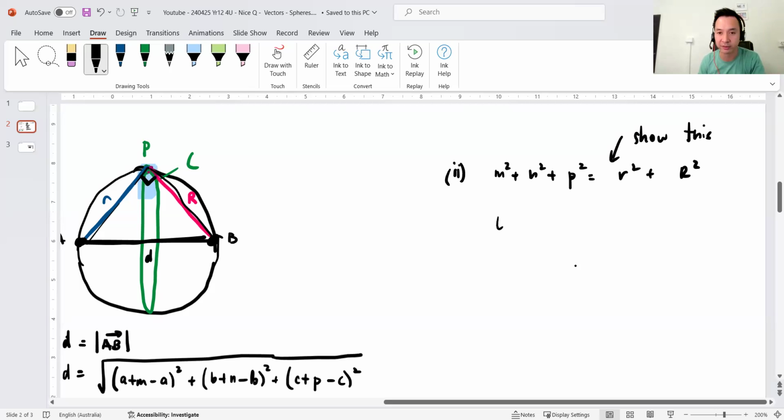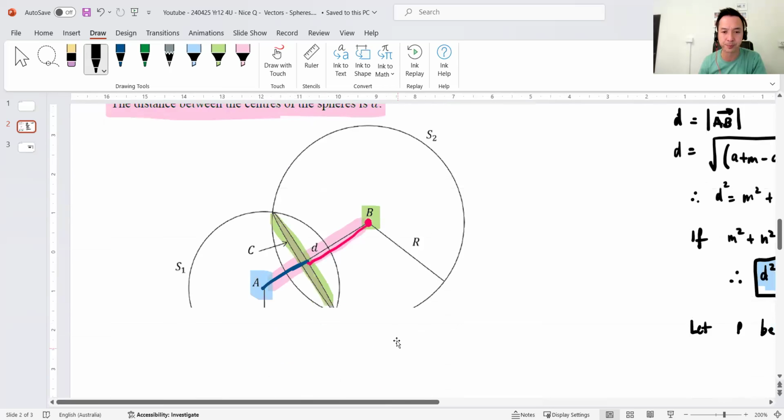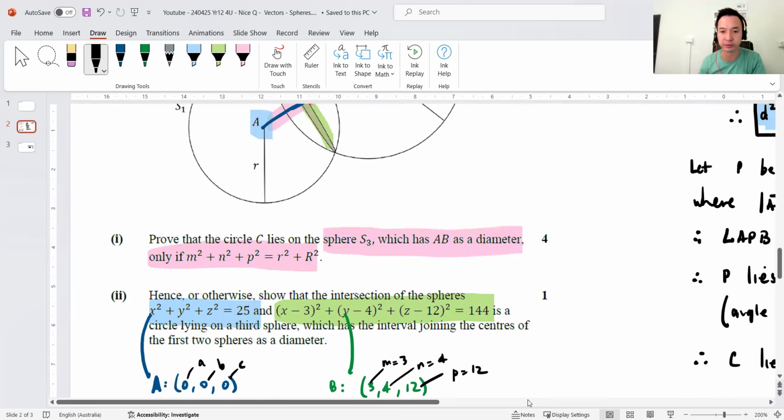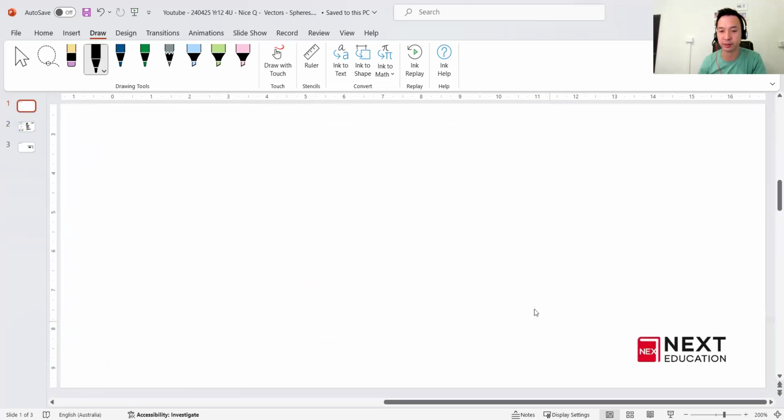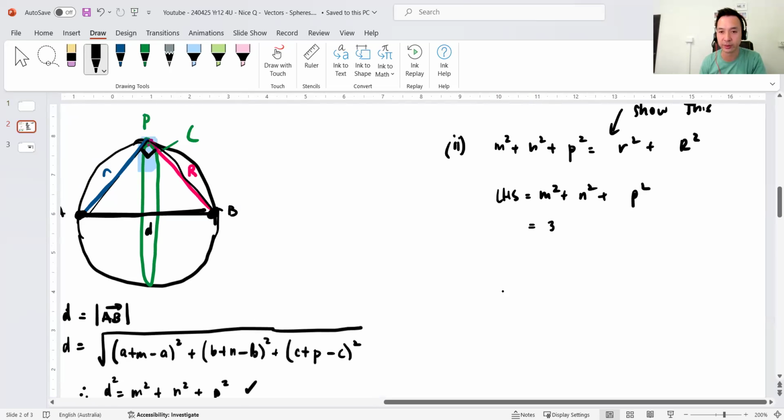So I go left-hand side equals m squared plus n squared plus p squared, and I know from this one, was it 3 squared, 4 squared? 3 squared, 4 squared, 12 squared. So 3 squared plus 4 squared plus 12 squared. What's that? 169. 144, yeah, okay.